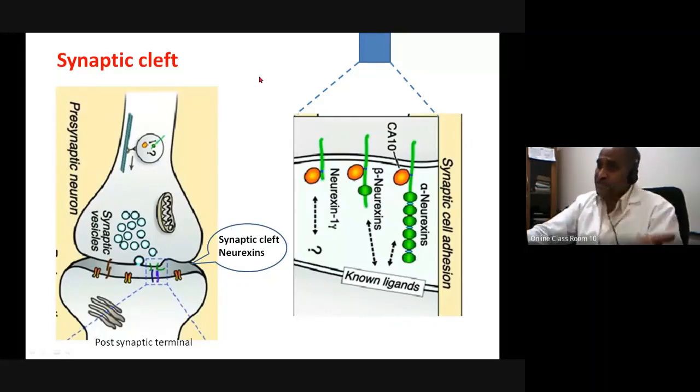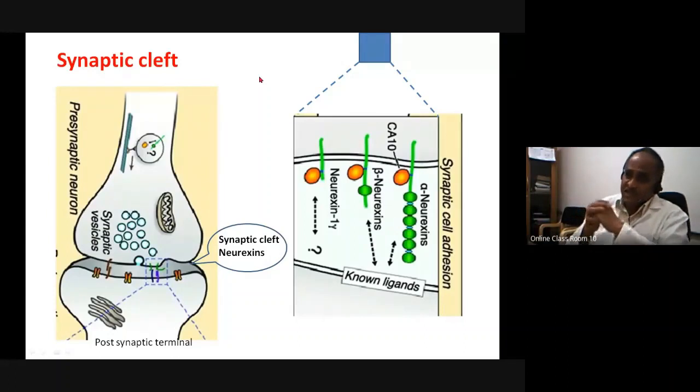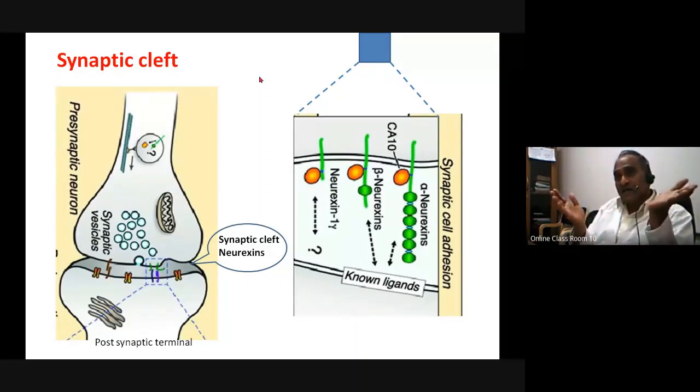So this is the synaptic cleft. It is a space about 20 nanometers wide, and it has proteins within, connecting both the presynaptic and postsynaptic terminals, and these proteins have a function of limiting the free movement of the synaptic transmitter to the outside of the synaptic area.